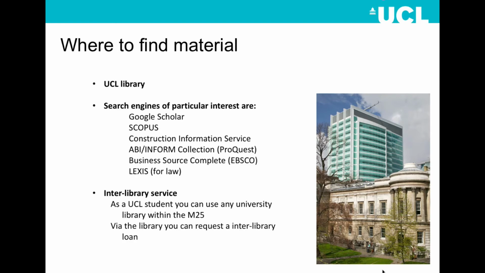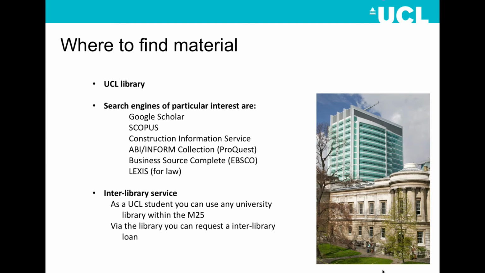Well, you know which sources you can use, and the second question obviously is where to find this material. Obviously, through the UCL library, you will have access to thousands of documents. So this could be a key place to find information.